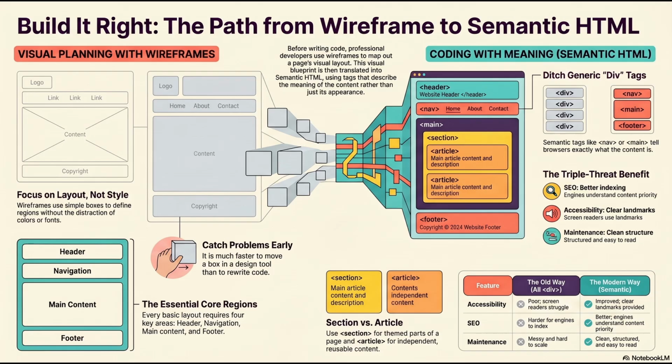But then there's the second major benefit the sources highlight, which is SEO, search engine optimization. Yes, this is where we stop talking to humans and start talking to machines. Search engines like Google operate by sending out automated bots, or spiders, to constantly crawl your web page, read the code, and figure out what the page is actually about so they can rank it in search results.